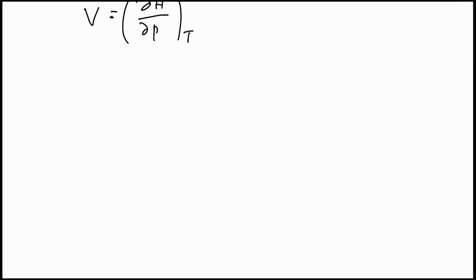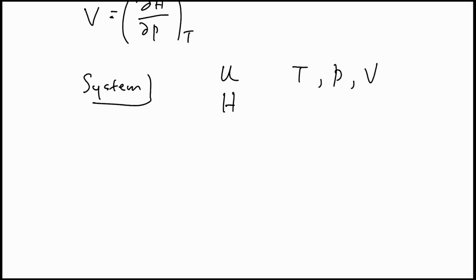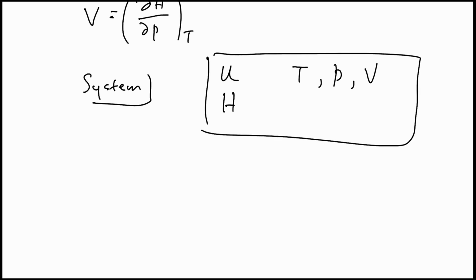Okay, so if I have a system, it has an energy, it has an H, it has a T, it has a P, it has a V, right? So a system will have all those properties, and if I give you a problem and I tell you all those things at the beginning, and I say now I change one of those things.